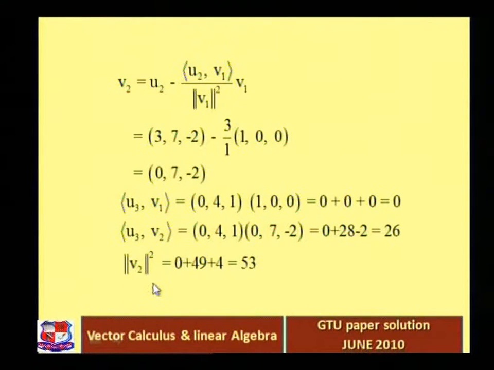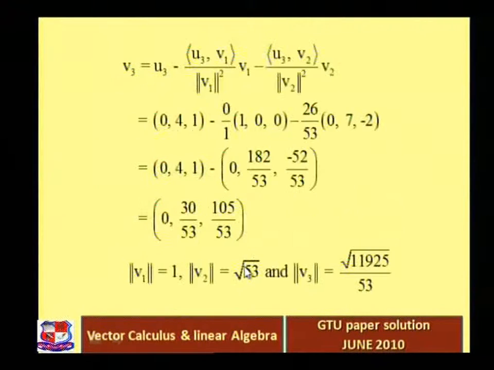The norm v2 square is equal to 0 plus 49, right, 7 square, because v2 is 0 7 minus 2, so 0 plus 49 plus 4, that is equal to 53. v3 is equal to u3 minus inner product u3 v1 upon norm v1 square into v1 minus inner product u3 v2 upon norm v2 square into v2.